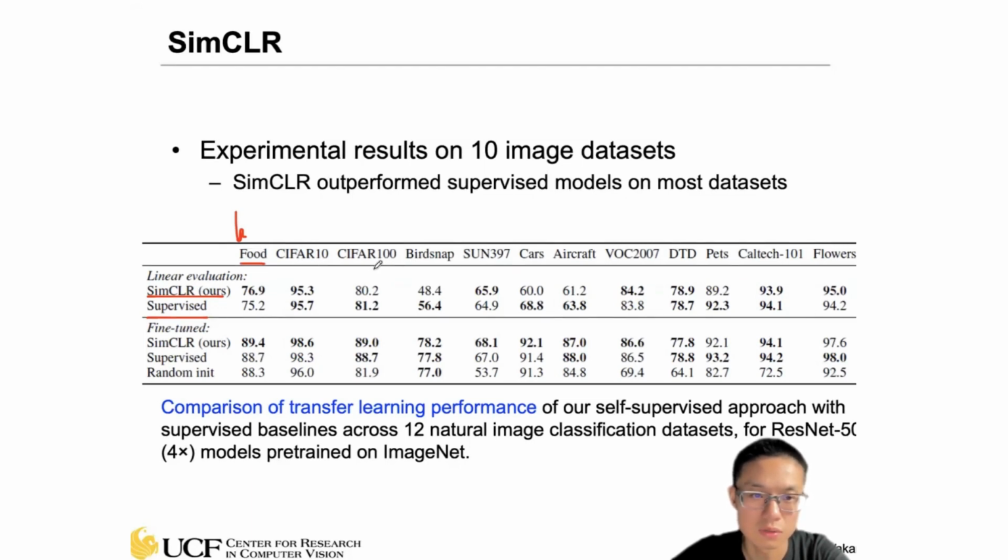These are all classification tasks. Food classifies different foods, CIFAR-10, CIFAR-100. Based on the result, the SimCLR representation even outperforms the supervised trained network on this particular food dataset. This indicates the learned representation is more generalizable than the supervised trained network.